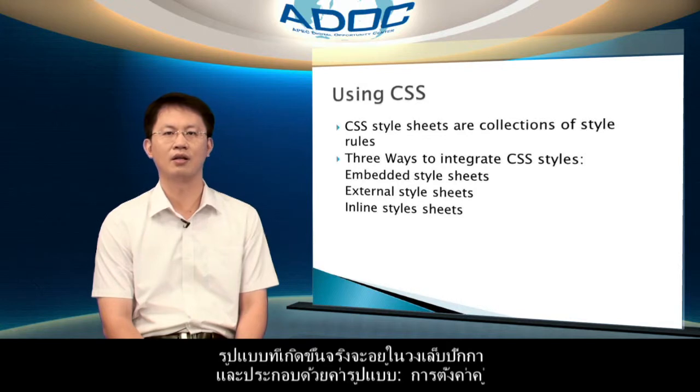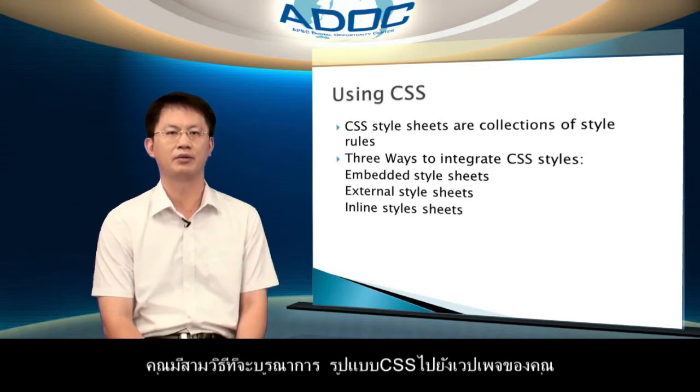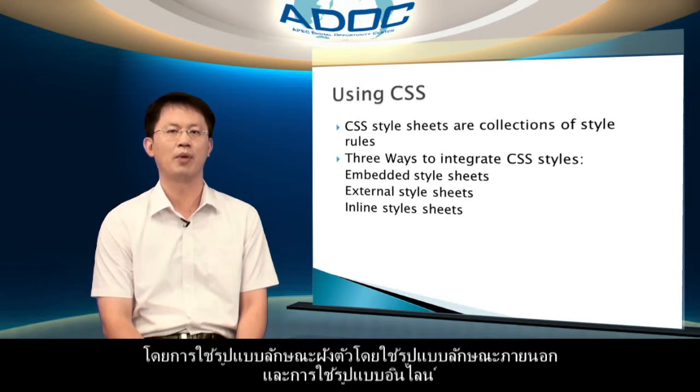The actual styles can be given in curly braces and consist of style property and setting pairs. And you have three ways to integrate CSS styles into your web pages: using embedded style sheets, using external style sheets, and using inline styles.